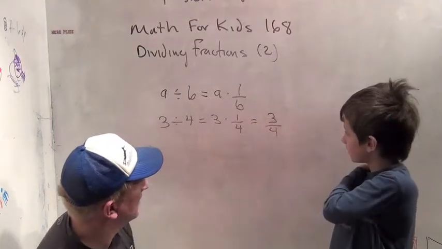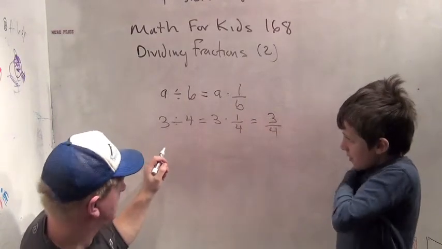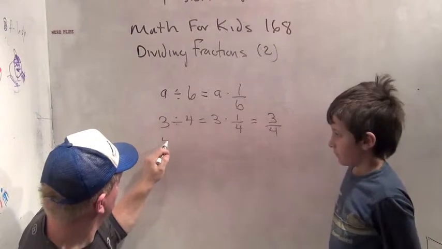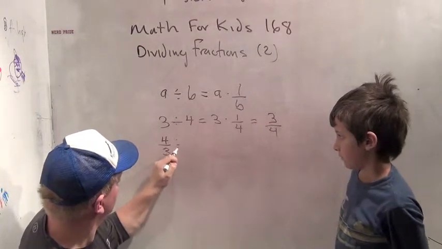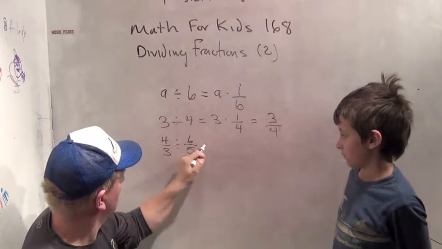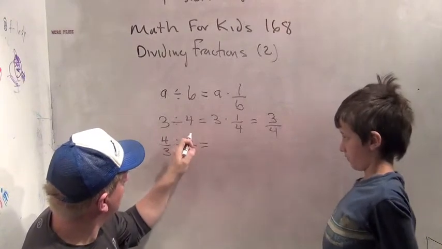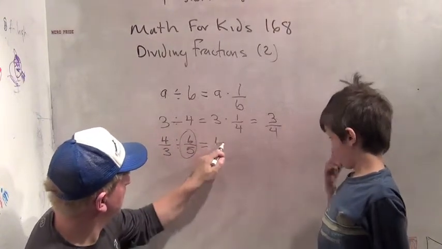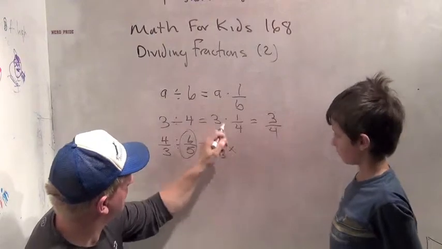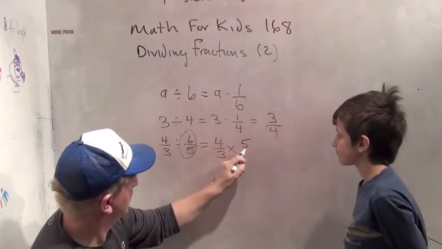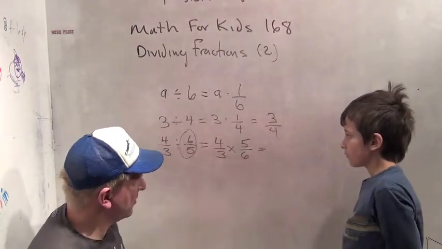But for fractions, how about 4/3 divided by 6/5? Well, 1 over this, just flip it. 4/3 times 5/6.